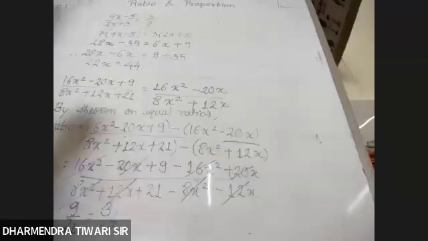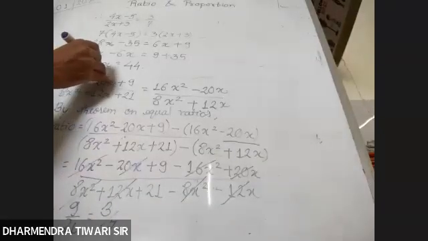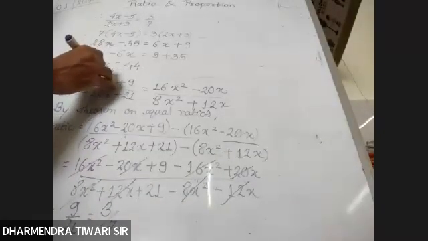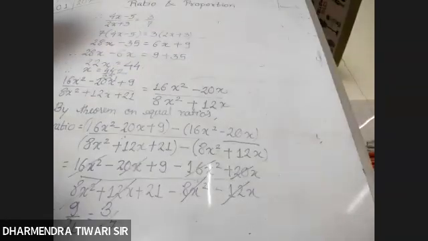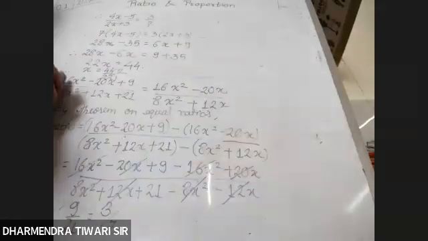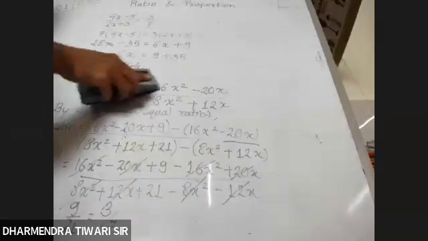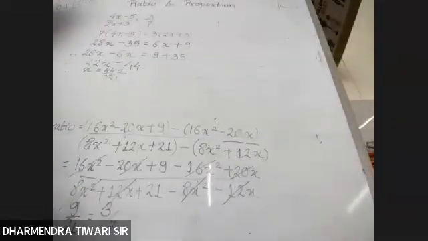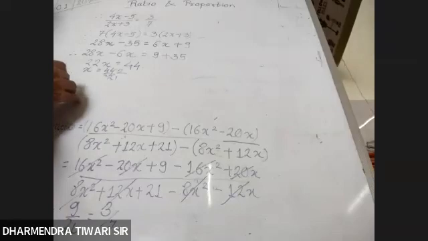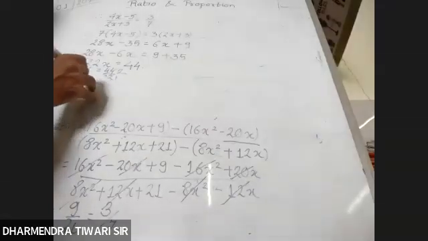So just divide this, x is equal to 44 upon 22. 22 ones are 22, 22 twos are 44. So we got the value of x as x is equal to 2.